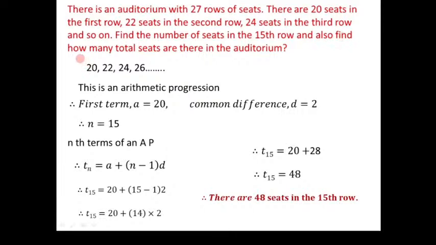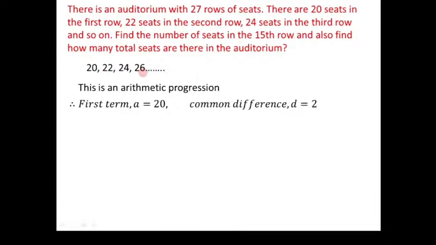Now again it is asked that how many total number of seats are there in the auditorium. Now to find the answer of that question, we have to use the formula for sum of n terms of an AP. As this is arithmetic progression which has the first term a 20, common difference d is equal to 2. Now this time we have to find the total number of seats in the auditorium which has 27 rows of seats. Now this time we have to take the value of n as 27.